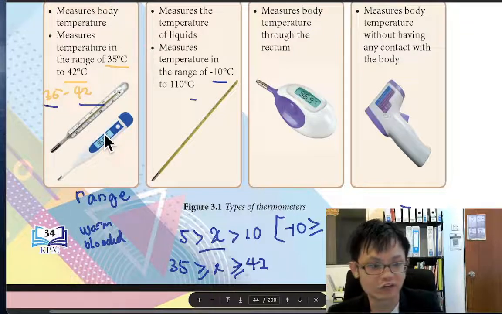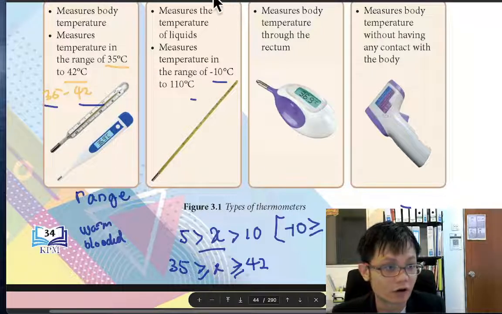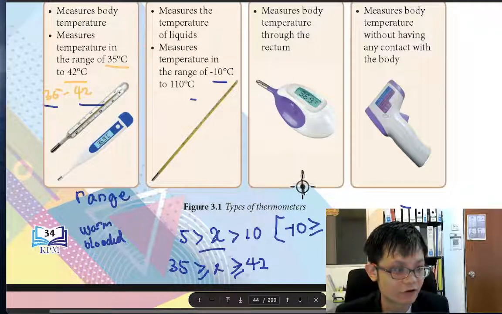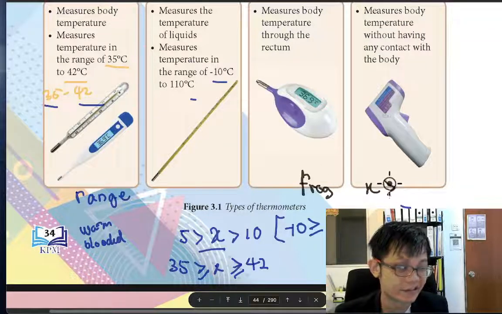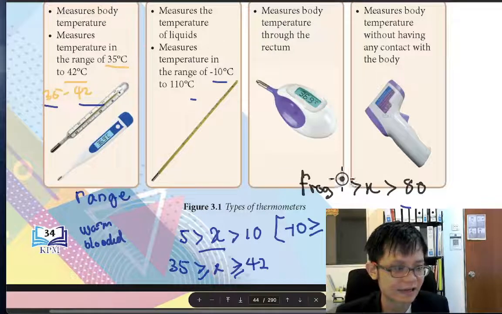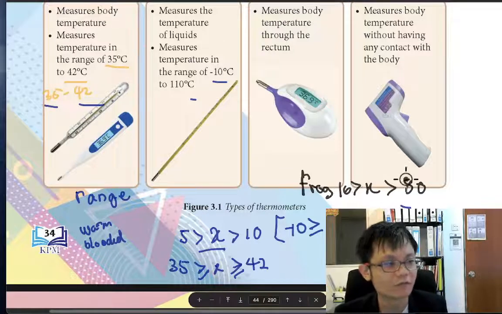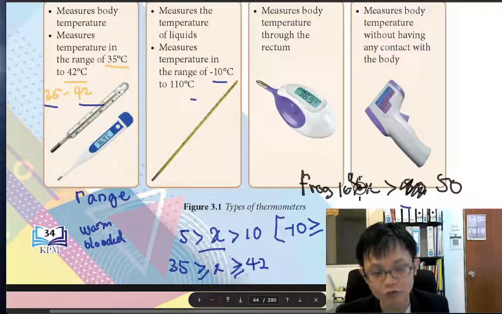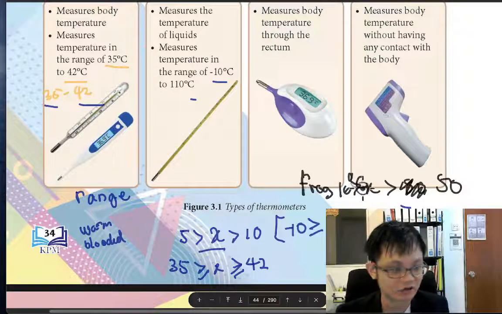And let's say if I want to put a frog, let's say the frog range will be maybe 10 to 50, so I don't want it too hot. 10 is very cold, you know. 10 means you are going to die because it's very cold, and 50 is very hot.